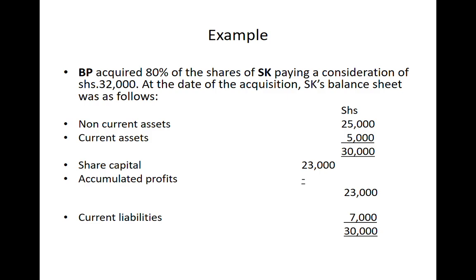So the consideration is 32,000, and now this is the position of SK before anything has been done on it. So one is going to look at SK and see non-current assets 25,000, current assets 5,000, the total assets it has 30,000.